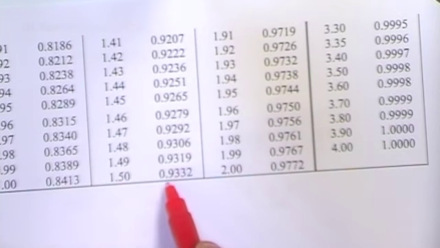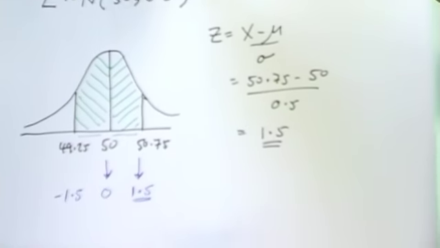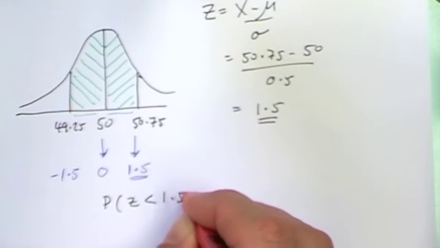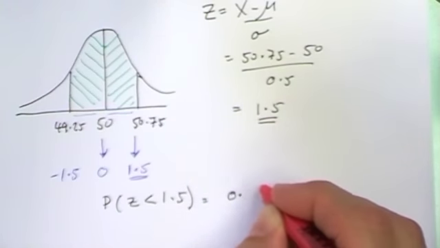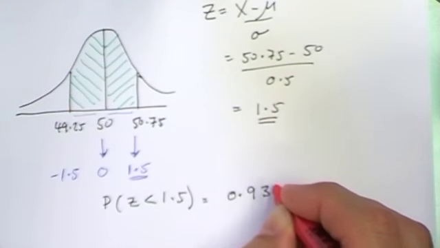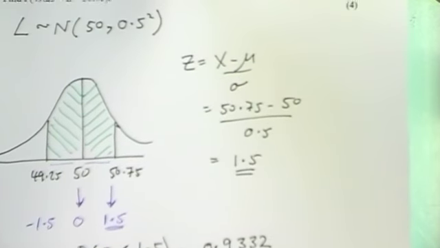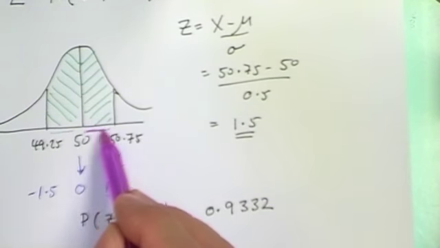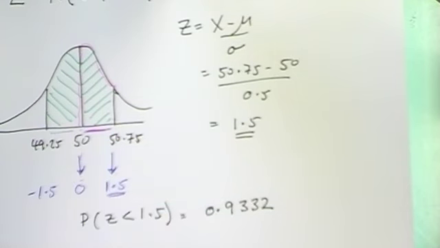It is 0.9332. So that means the probability of Z being less than 1.5 is equal to 0.9332. Now if we look at our diagram, we can work out various regions. We can work out this region next, that region in there, which is Z 0 to 1.5.